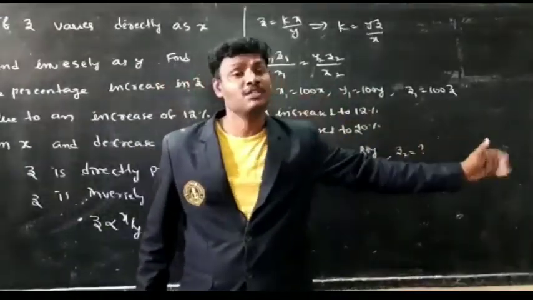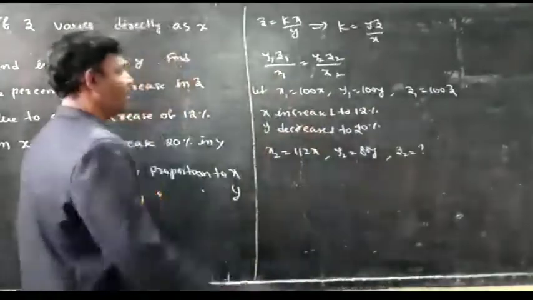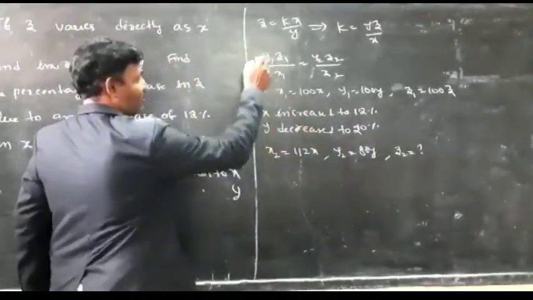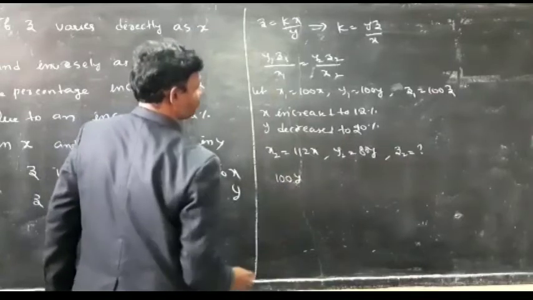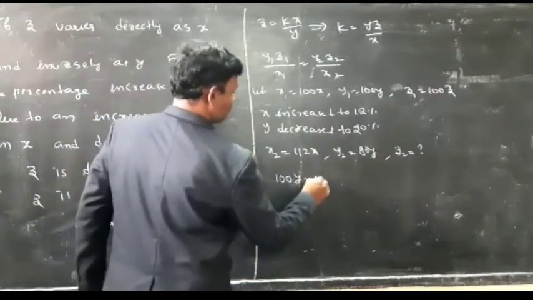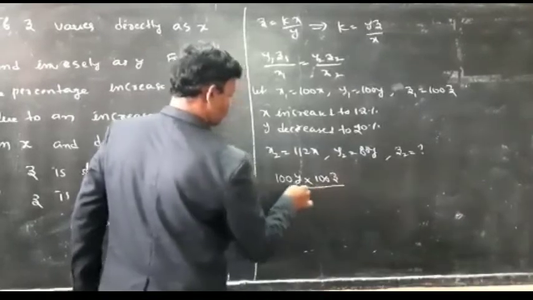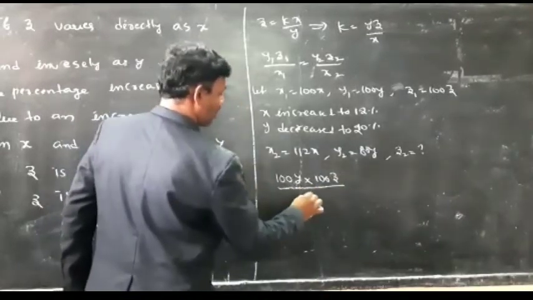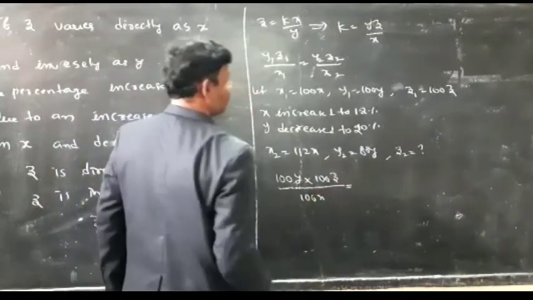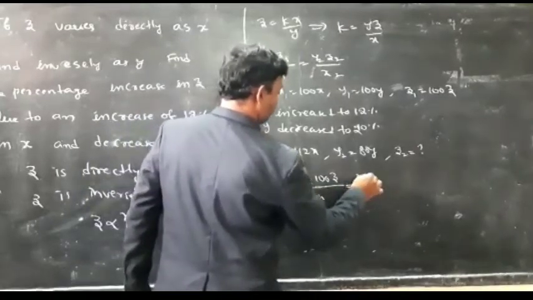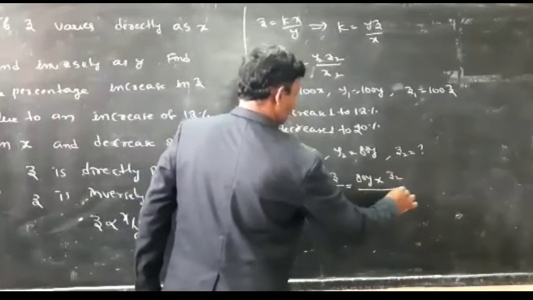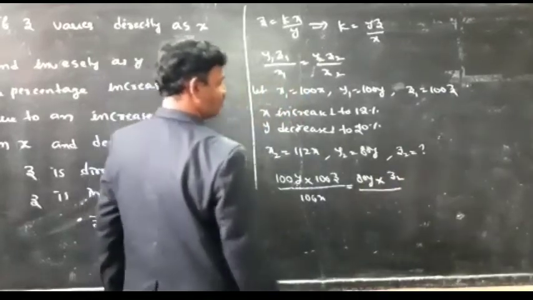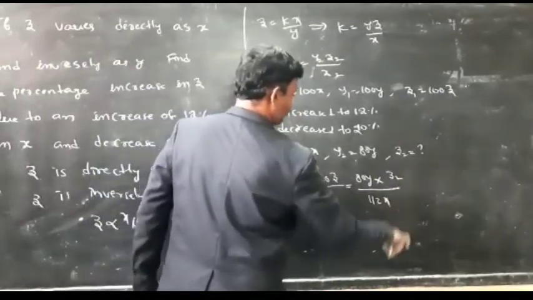That is z2, which I don't know. Now apply the values here. y1 means 100y, z1 means 100z, by x1 means 100x is equal to y2 means 80y into z2 by x2 means 112x.